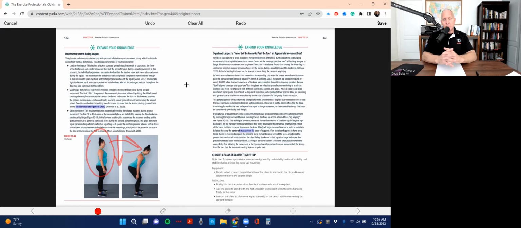I'll give you a great example, which is when you do front squats. I don't know if you've ever done front squats before, but you can do squats with the weight behind you, if you're using a bar, or you can put it in front of you where you put your arms up. When you do a front squat, you are maintaining a more upright torso position. But in that case, that's not an issue.